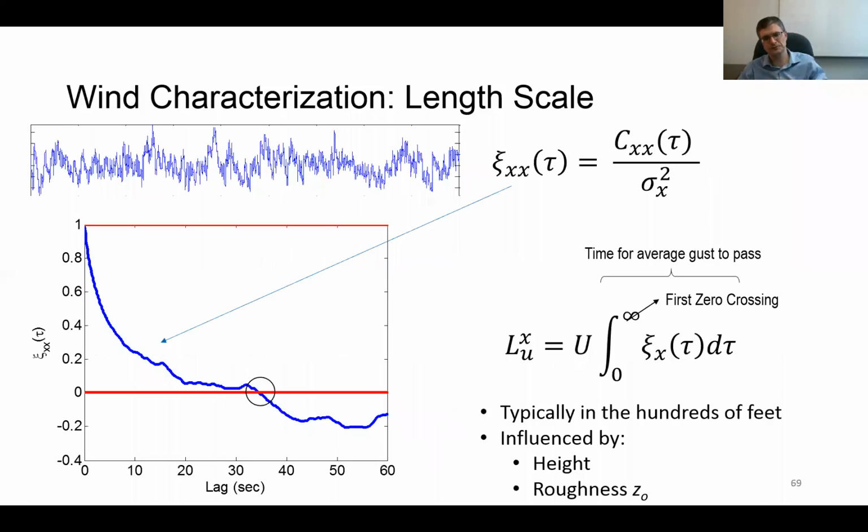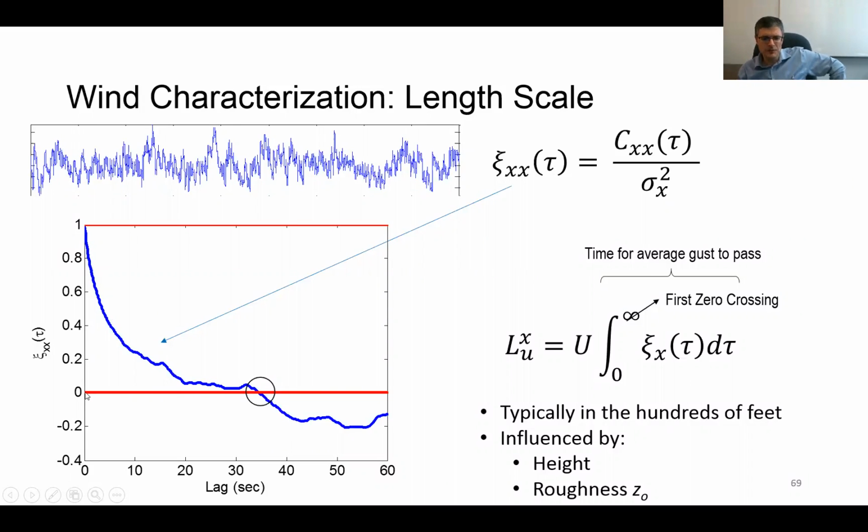So we carry this scaled autocovariance function over. Here's how it works. We've got a measured wind record, like so. We use the equations in the previous slide to measure this scaled autocovariance function. And it would look something like this in the case of wind speed. It very typically looks like an exponential decaying function.